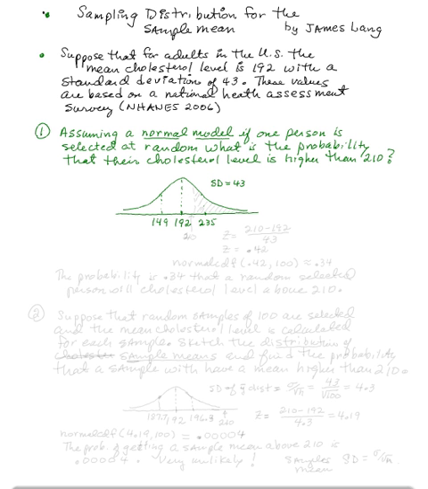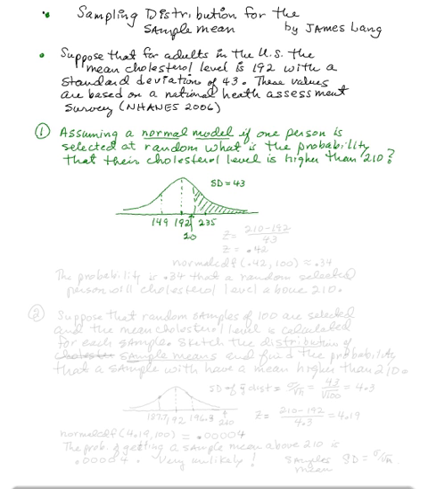So that's the distribution. Now we need to find the probability which corresponds to the area under this curve for 210 or higher. So 210 would be in this first standard deviation range, so I'll just mark it here, and then find the probability by calculating this shaded area.